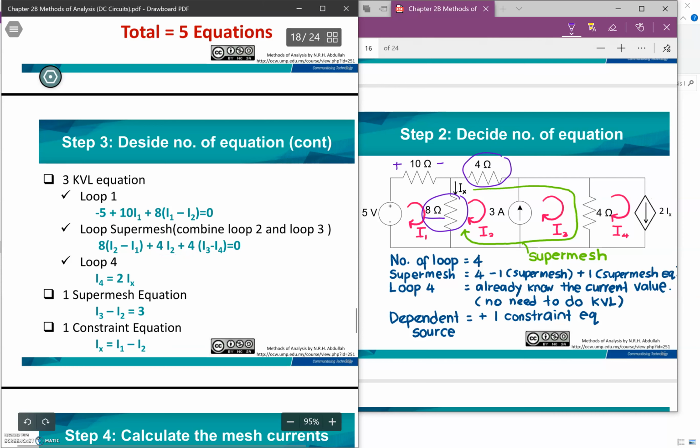That is the equation for I2. And then you have to combine the KVL at loop 3, where you can see that there is only one element in I3.